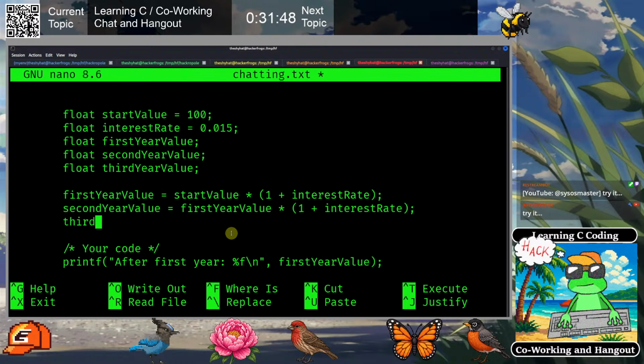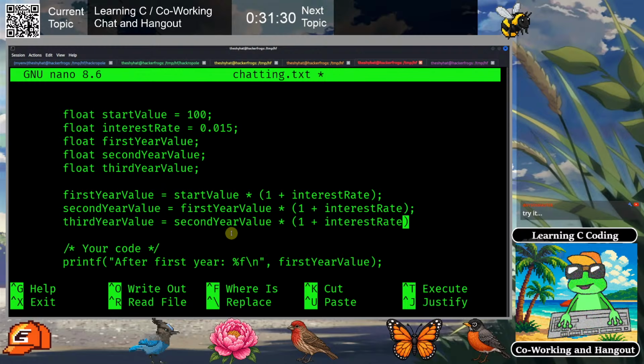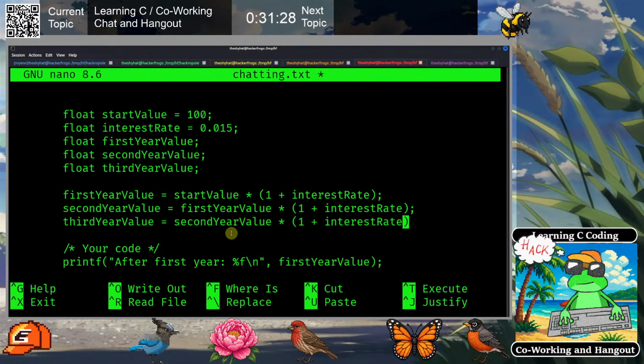Then we've got the third year value, which is equal to the second year value times 1 plus interest rate. Whoops, we need to make sure to spell everything correctly, otherwise it doesn't go.